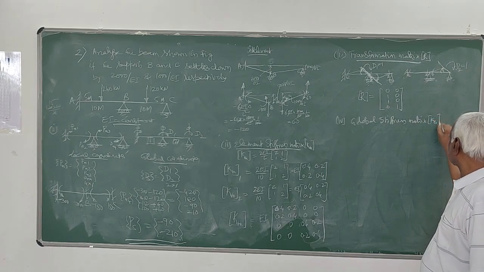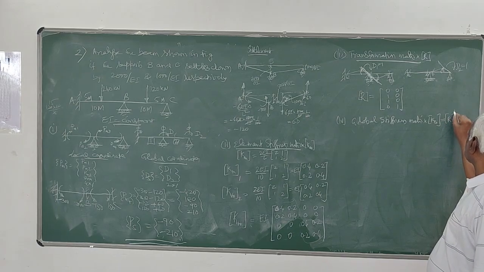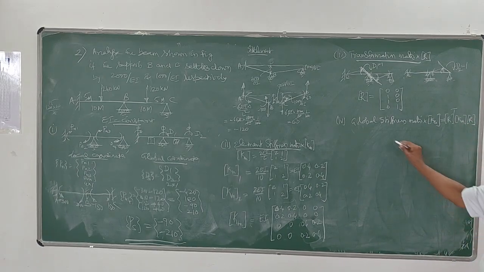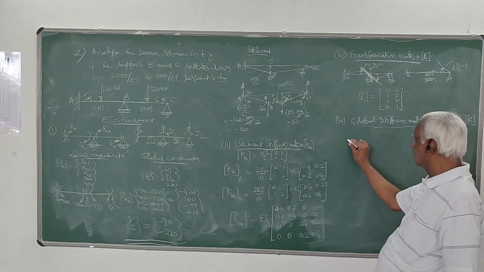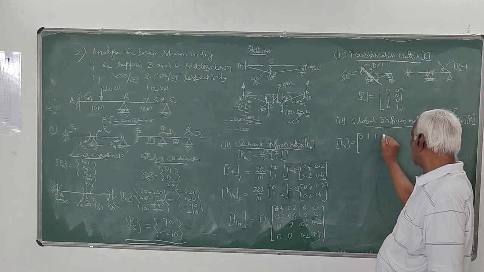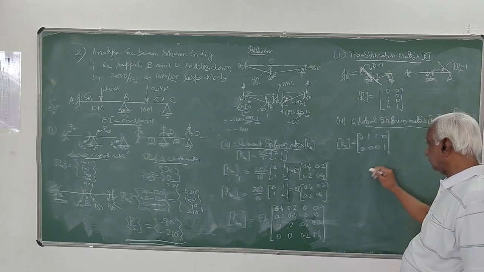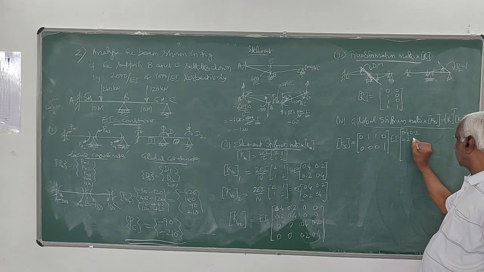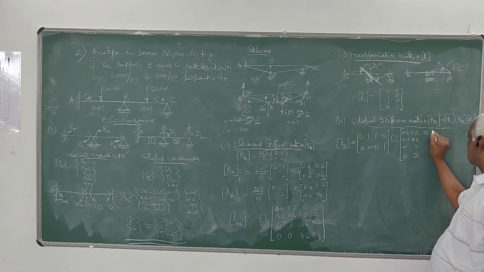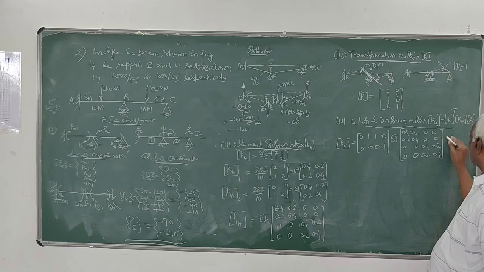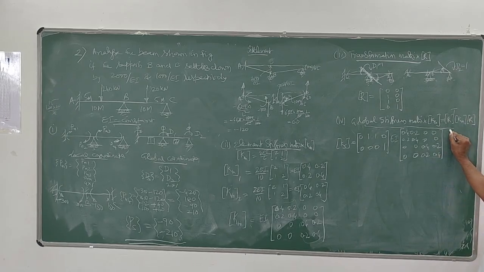KS, which is nothing but R transpose Km R, which I derived using the principle of contragredience. So KS is equal to R transpose, 0, 1, 1, 0, 0, 0, times Km, EI 0.4, 0.2, 0.2, 0.4, 0, 0, 0, 0, 0, 0, 0.4, 0.2, 0.4, multiplied by R, where R is 0, 1, 1, 0.